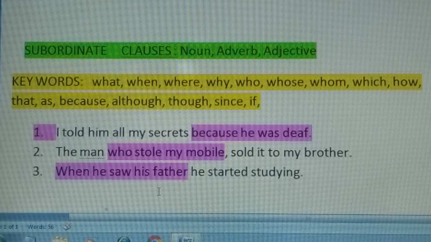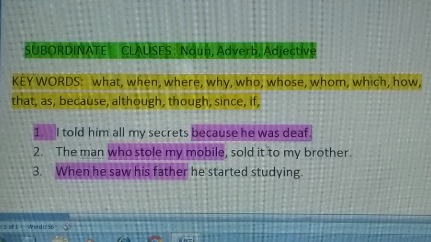So as far as the subordinate clause is concerned, remember it has these 3 possibilities. It may come in the beginning before the main clause, example sentence number 3. It may come after the main clause, example sentence number 1. And it may come between 2 parts of the main clause.